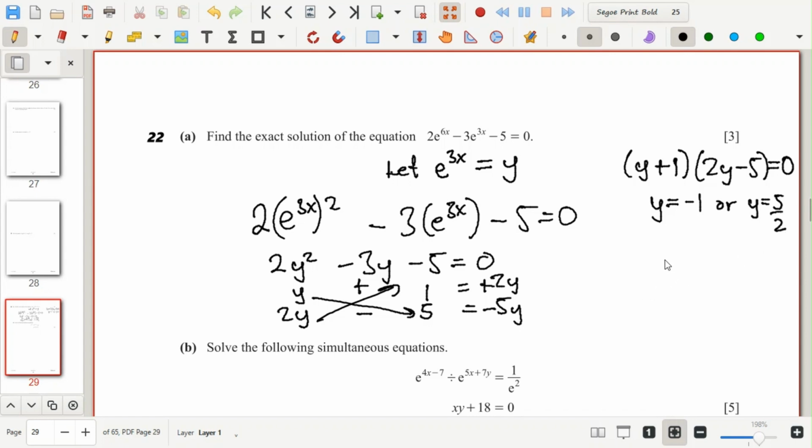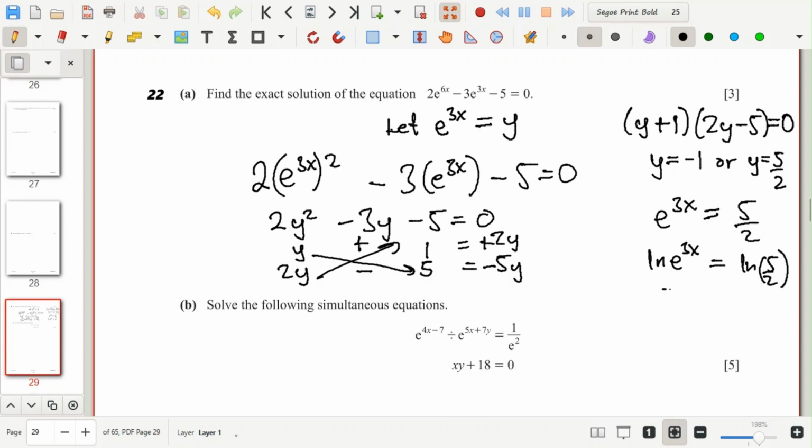Okay. So when you have e to the power 3x is equal to 5 on 2, you find ln of both sides. This will give you 3x is equal to this.